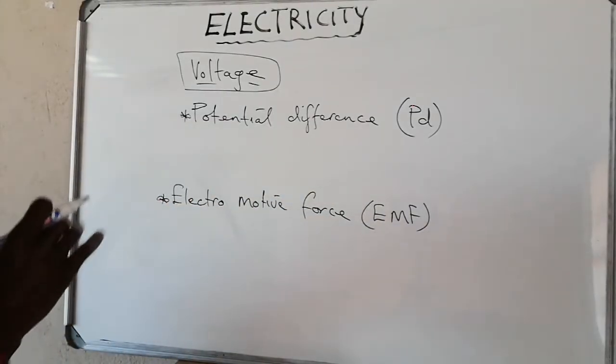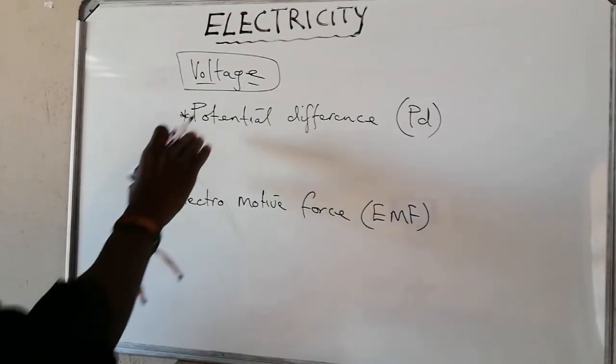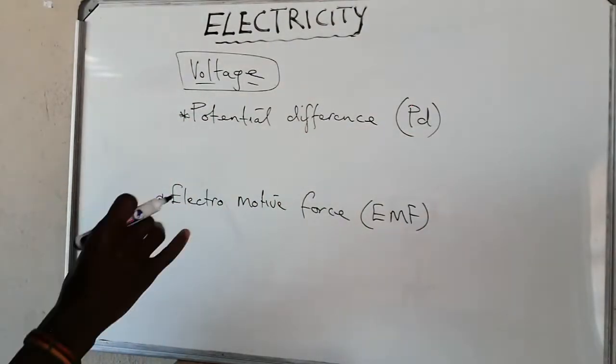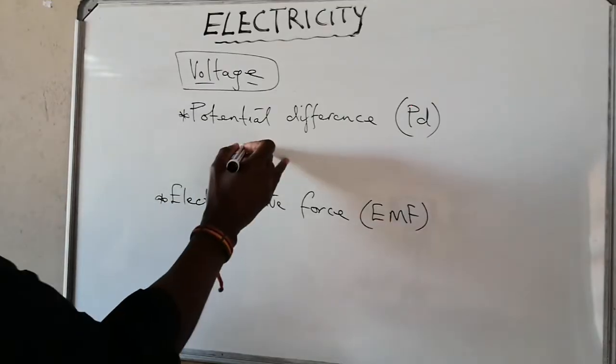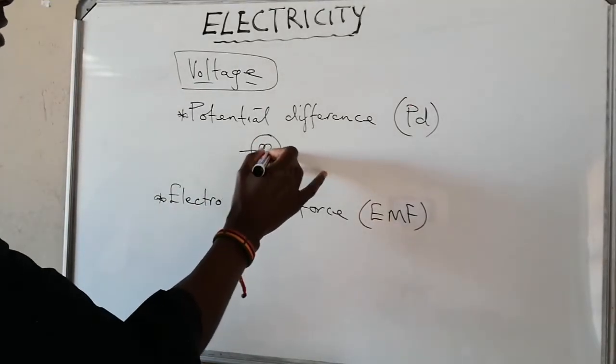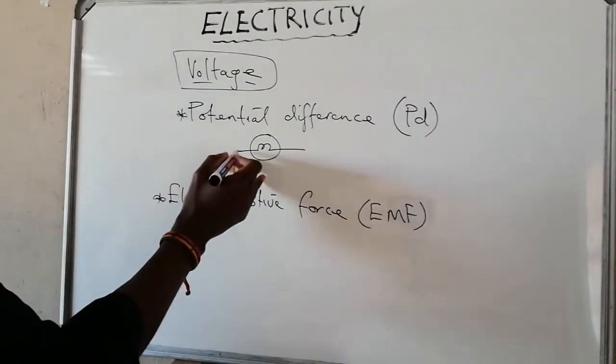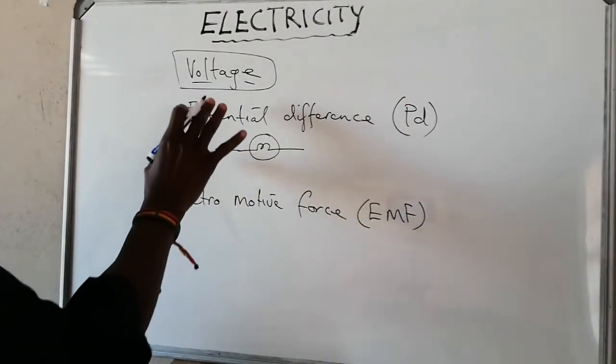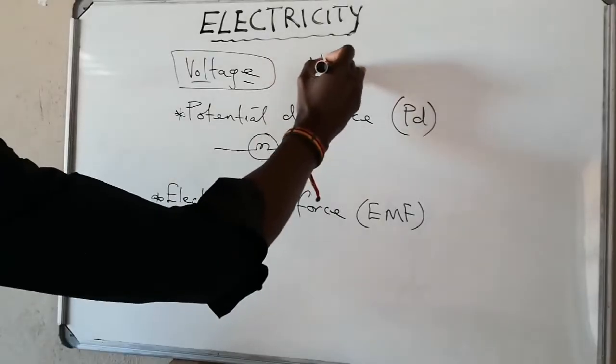Now, what is the difference between them? Potential difference is the voltage across a component, like I gave earlier, where we said if we have a light bulb, this is just my drawing of a light bulb just to make it a bit clearer, and you use a voltmeter. Remember a voltmeter?